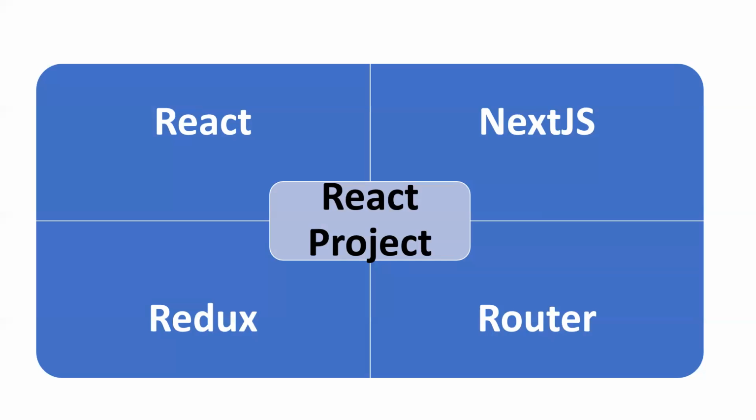Next.js is a tool to simplify the developer experience of server-side rendering. And all these three tools, Redux, Router, and Next.js, we will get from NPM, the package manager for the Node.js JavaScript platform. We will use them when we are developing a React project.